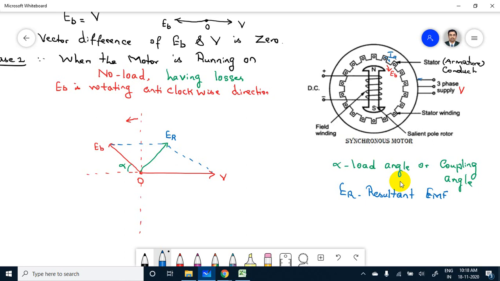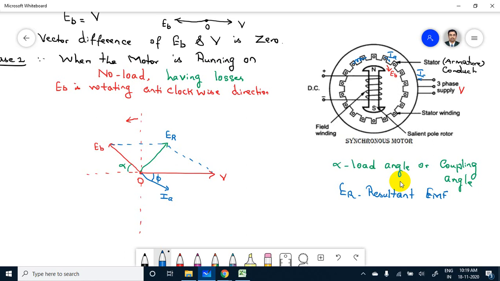This is IA, the armature current, and this armature current will be lagging because the windings are inductive in nature. So IA is the armature current, and the angle between IA and V is phi.